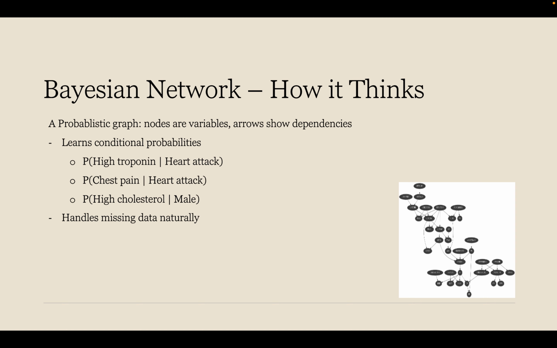And on your right-hand side, that is the visual for how Bayesian networks work. It basically uses rules to compute the probability of heart attack given what we observe. And the plus side is it handles missing data naturally.